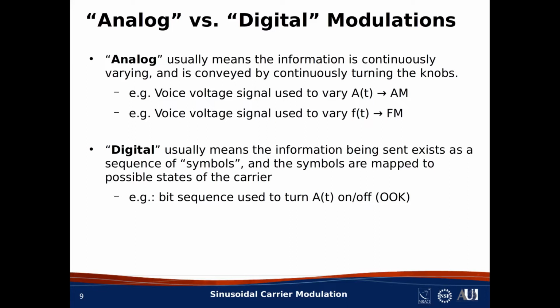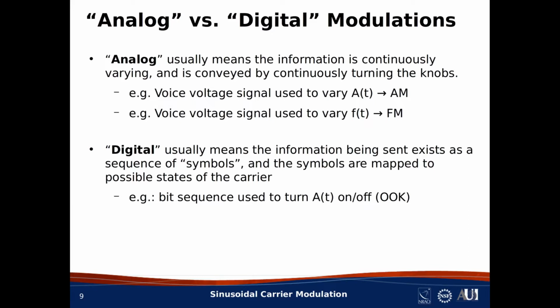A key idea is that in a digital modulation, symbols map one-to-one with states of the carrier. That is, each symbol corresponds to a particular set of values for amplitude, frequency, and phase. For example, one form of digital modulation is to keep frequency and phase constant, and then to set amplitude to either 0 or a non-zero value, depending on which bit you care to send.